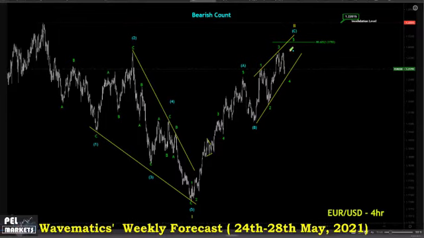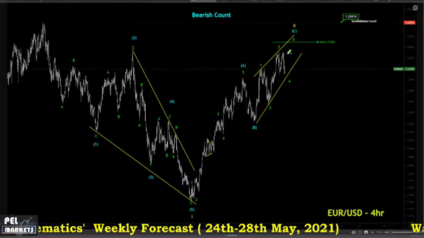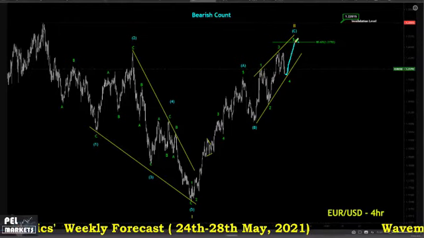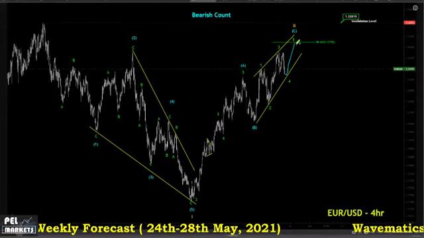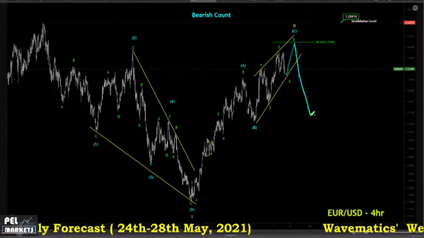So with this one, I drew this particular ending diagonal different from our bullish count. There is a possibility of price coming this way and going up to give us the same ending diagonal, but it's going to pull up once more before coming down.